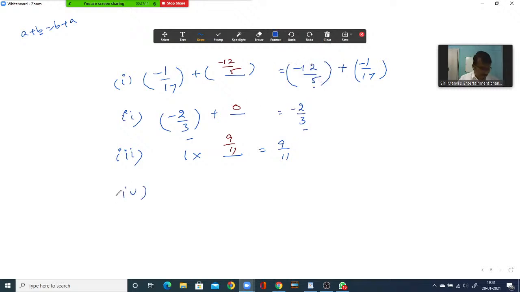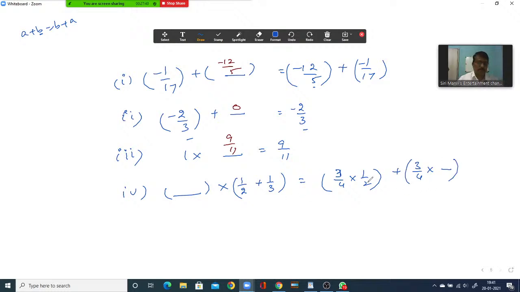Next, the fourth one. 3 by 4 into 1 by 2 plus 1 by 3 is equal to 3 by 4 into 1 by 2 plus 3 by 4 into dash.